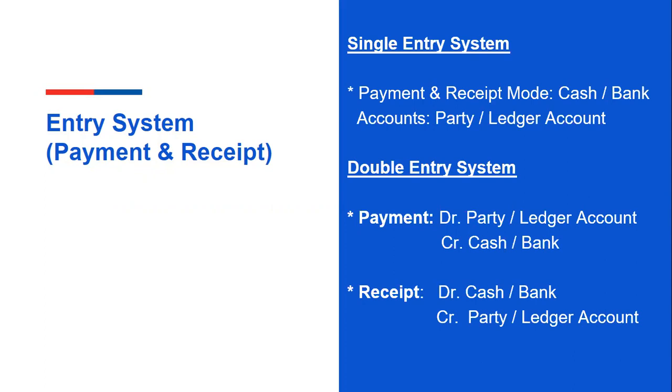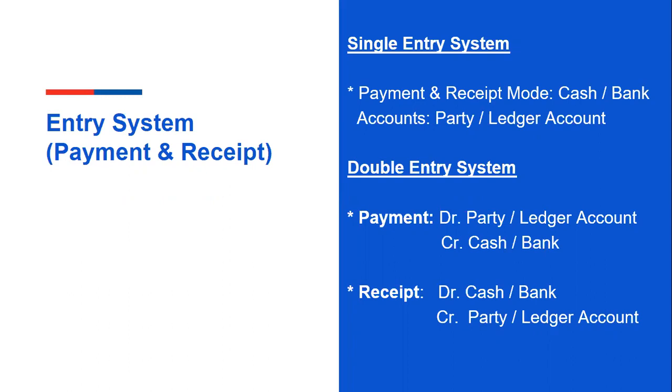If you select single entry system for payment and receipt voucher, then in the accounting transaction you have to specify the mode in the header as cash or bank. You are paying money by cash or bank, or receiving money as cash or bank, so you select the mode, and in the body part you can specify the party account.